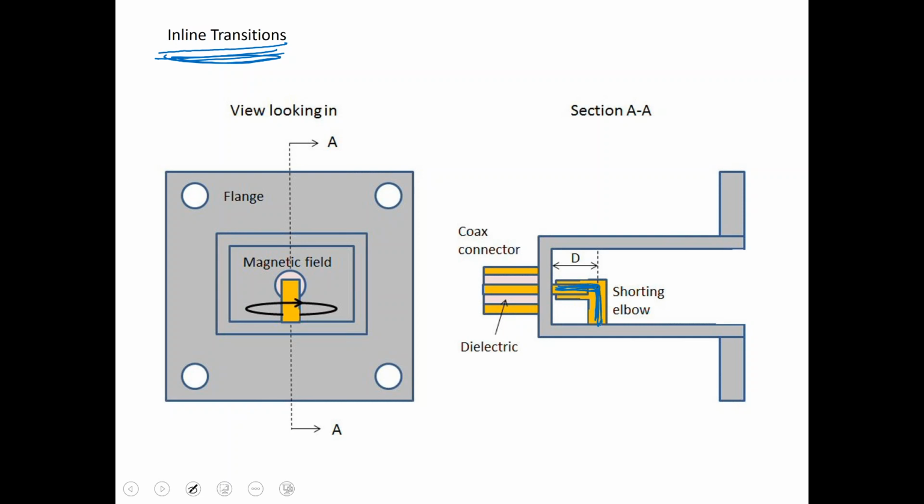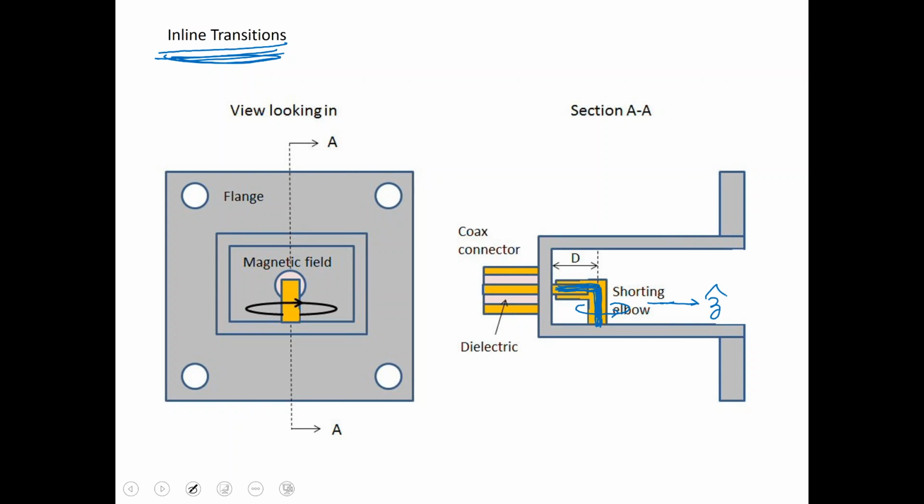With a 90-degree elbow, you short the circuit such that the magnetic field now is excited around this region over here. That is the dominant magnetic field. So you see that there is a magnetic field going in Z direction. If I don't short it, then the TM mode would be excited.